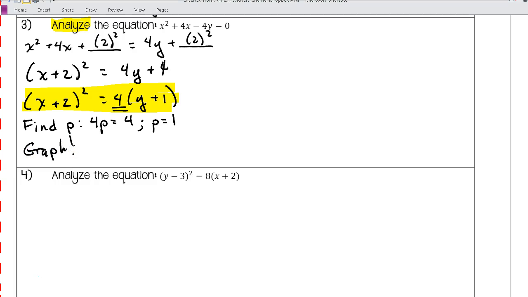Okay? So, I know one more piece of information. I've got my vertex, which I can get from my standard form. So h is going to be -2, and k is going to be -1. So -2, -1. Make a little sketch over here.